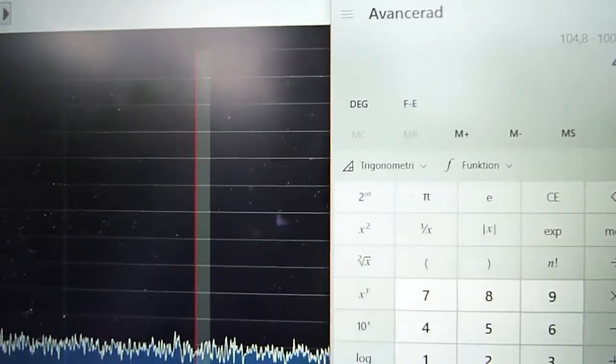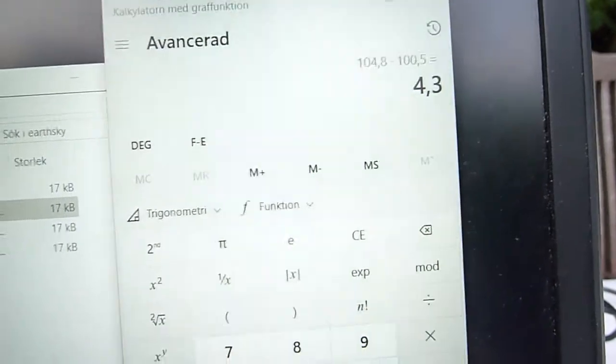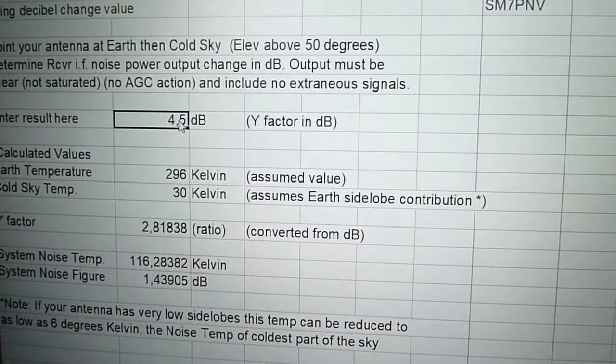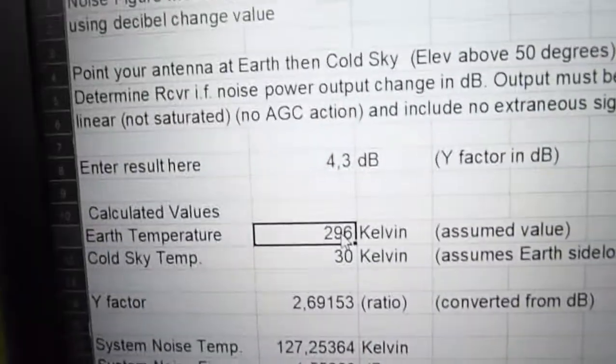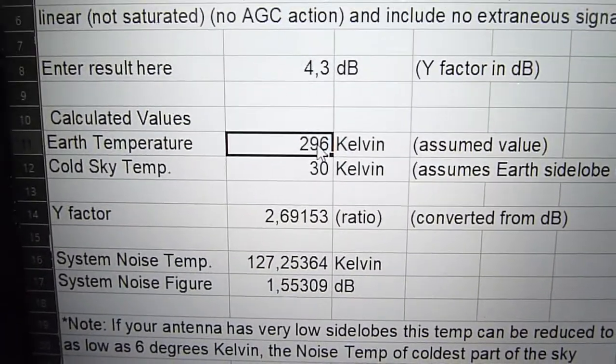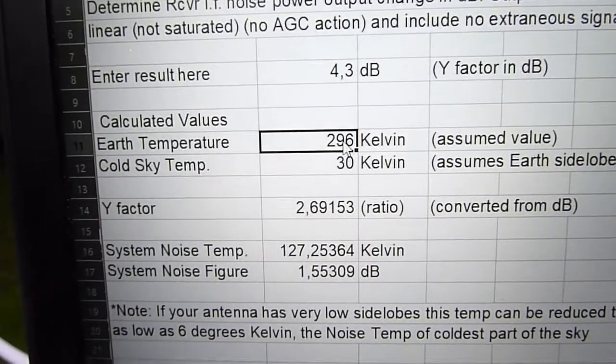And you plug that into the spreadsheet, so you do it here at the results: 4.3. You also enter the earth temperature, the daily temperature. It's 296 kelvin today, that's 23 Celsius.